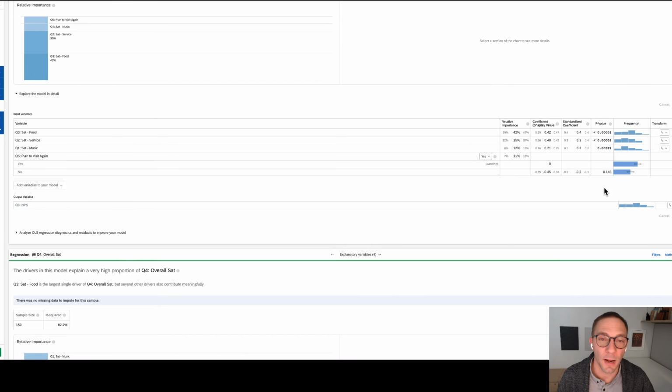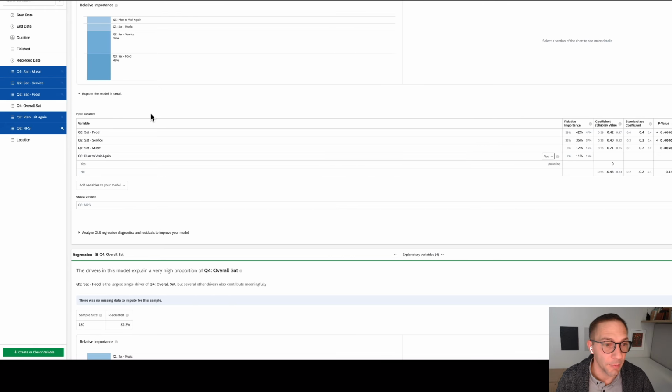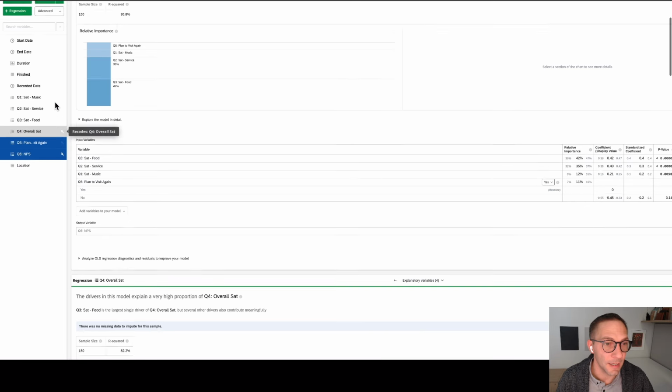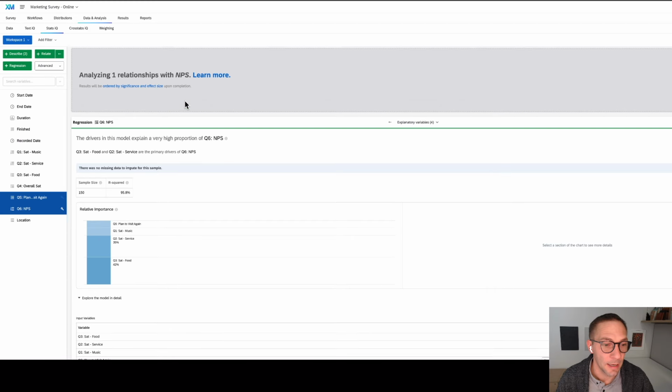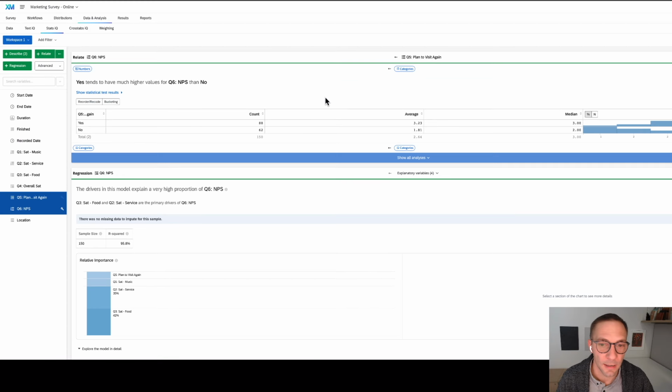So whether or not they plan to visit again did not significantly predict NPS, and that's while holding constant all of these other variables. Okay, which is interesting because if I just ran this alone, plan to visit again, and I ran relate, it's going to do a t-test for us, and let's see if it's significant.